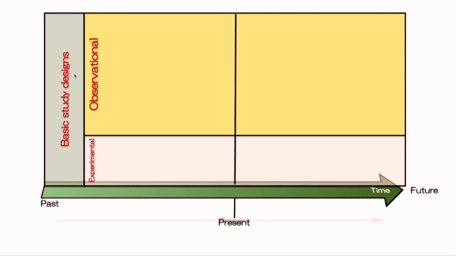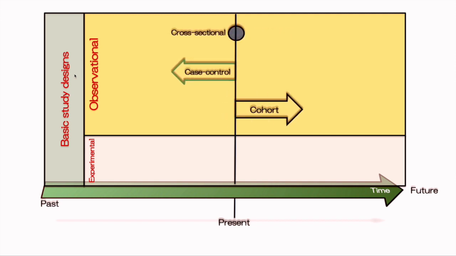Observational studies fall into three classes: cohort, case control, and cross-sectional studies. And experimental studies are clinical trials, in which the researcher makes an intervention and makes changes intentionally.